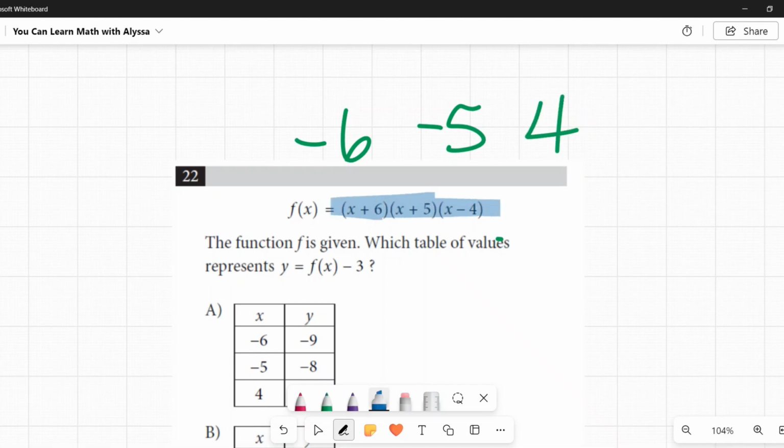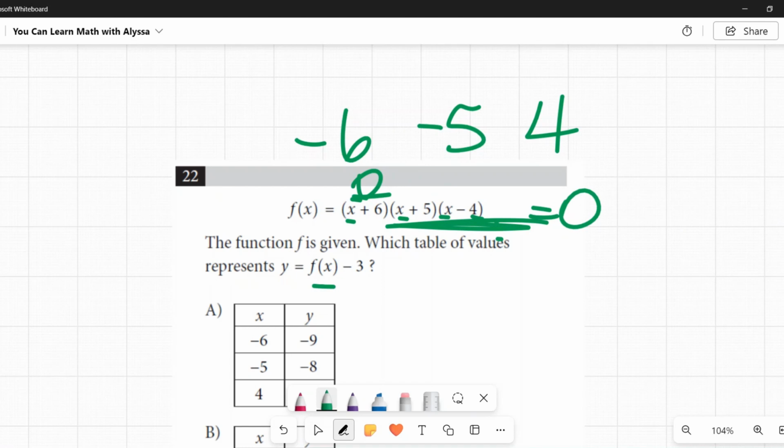What would happen up here if I plugged in -6? Right off the bat, right here, x plus 6. If x is -6, that is 0. It doesn't matter what else is in the other two factors. A 0 is here. I multiply these together, I'm going to get 0. 0 minus 3 is -3. And I didn't write my negative. -3.